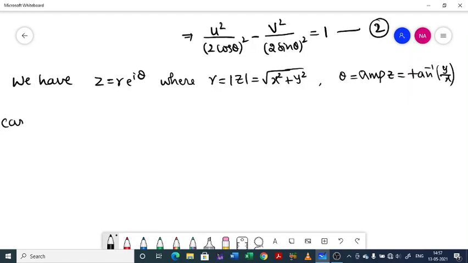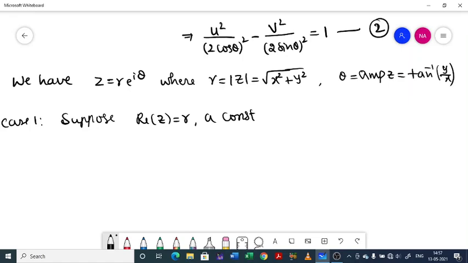Now case 1: suppose R is constant. Before that, we need to first identify what geometrical shape we are going to get in the z plane.